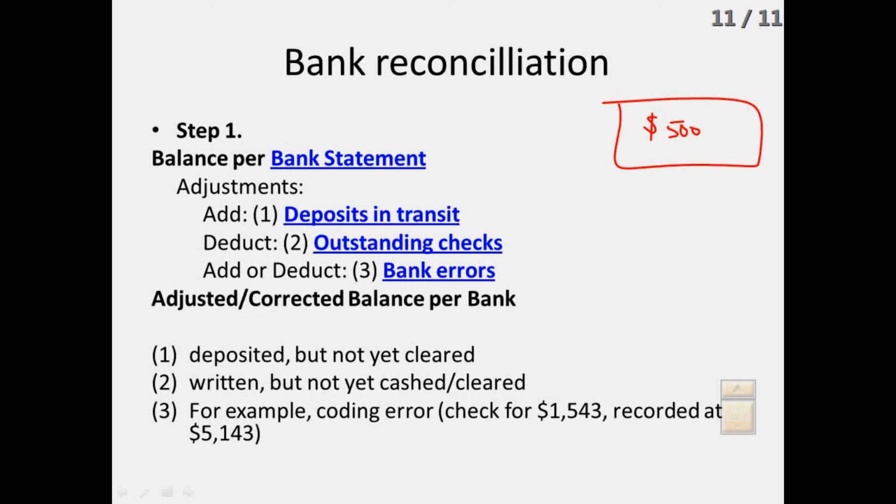Moreover, they sent it on the 31st, but I could have written a whole bunch of checks on the 31st that weren't included in that. So every month, you're supposed to reconcile your bank statement with your books. The presumption is the bank knows more than you do about some activities, and you know more than the bank about some activities, and you just need to reconcile those two things.